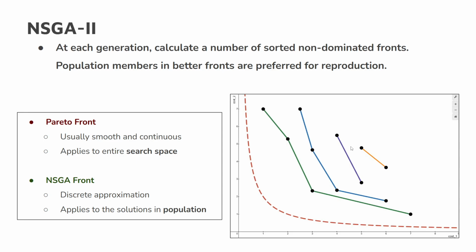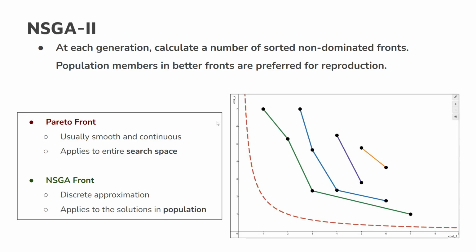So the goal is that over time, with the selection, reproduction, and crossover, which is already existing in normal genetic algorithms, using that in tandem with the fronts, you can have the front of the population converge towards the Pareto front.